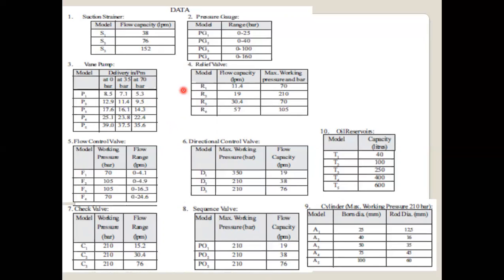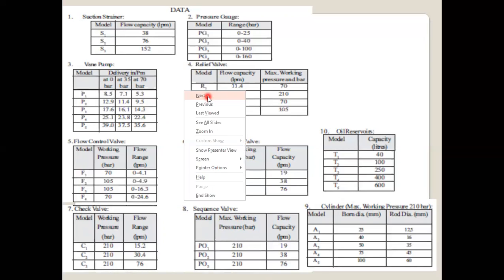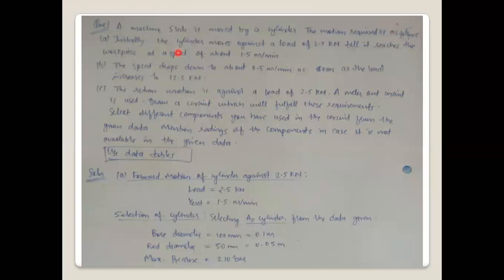In this example, we will discuss how to design the circuit. The first example is about a machine slide. In the question it will be like this: a machine slide is moved by a cylinder. Then the motion required is as follows.